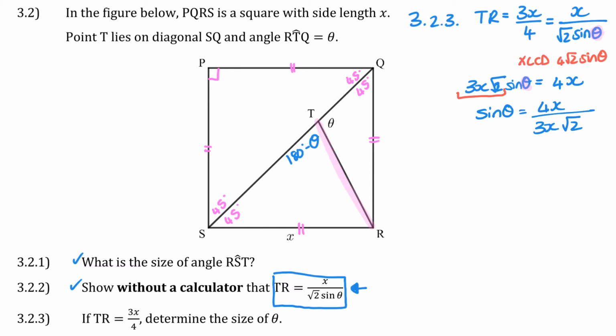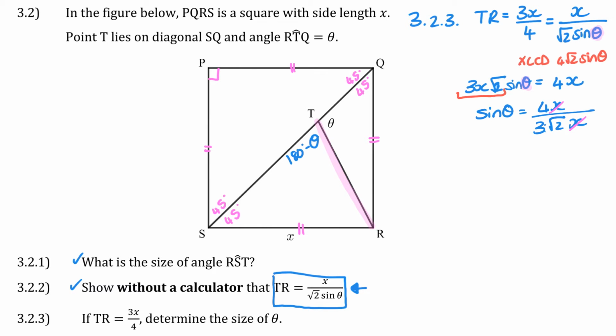Or I could have said, a little bit more neatly, 3 root 2x. Now normally we don't divide by variables and remove important information. But in this case, I'm not trying to solve for x, I'm trying to solve for theta. So the fact that I've divided those x's and they fall away doesn't really matter to me.